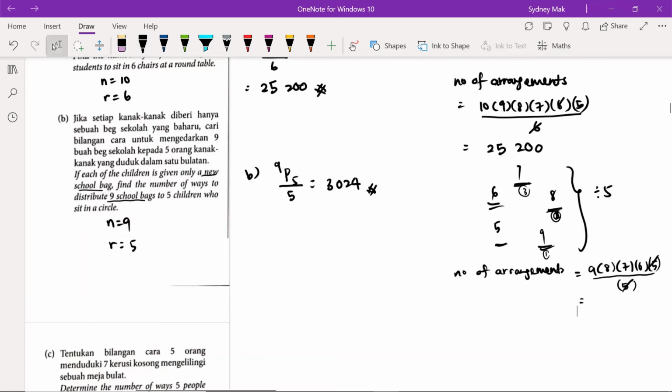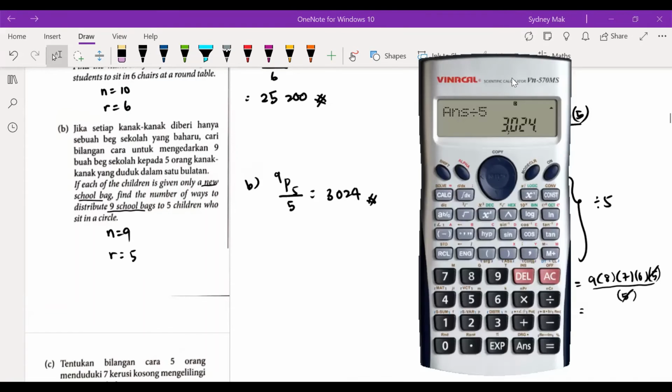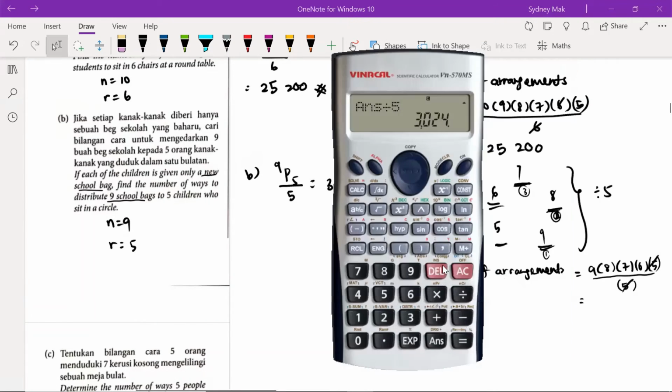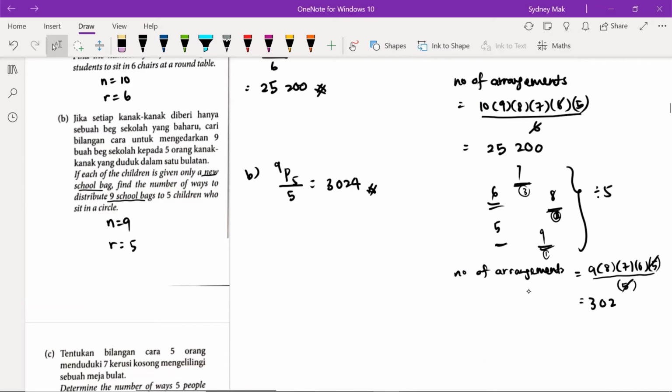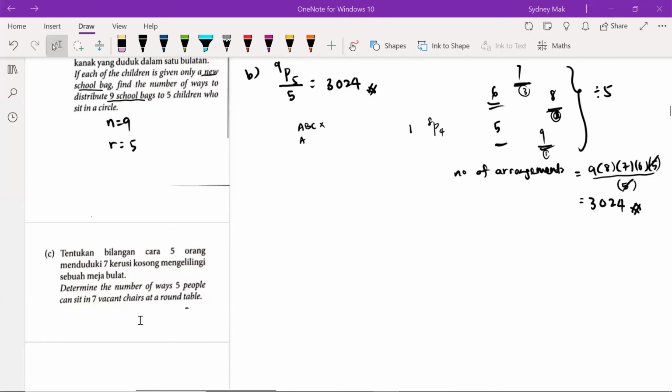Let's use the calculator: 9 times 8 times 7 and then times 6 equals, see, 3,024. Same answer as using the formula.